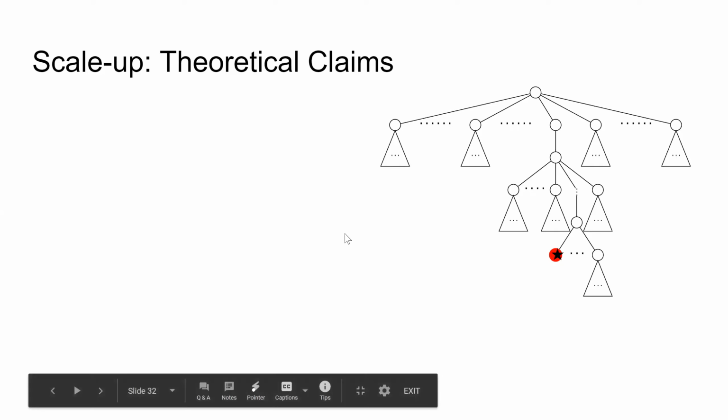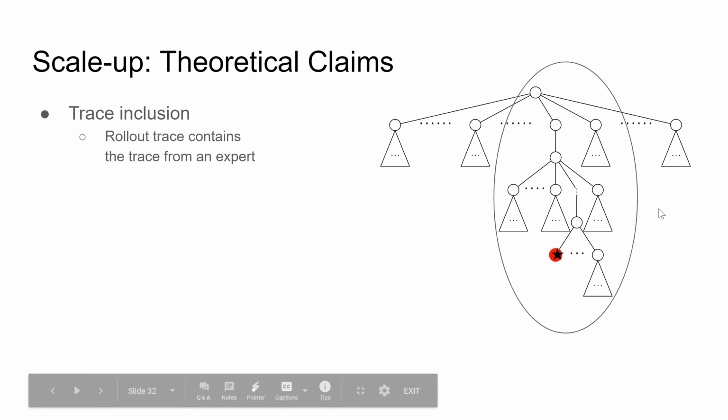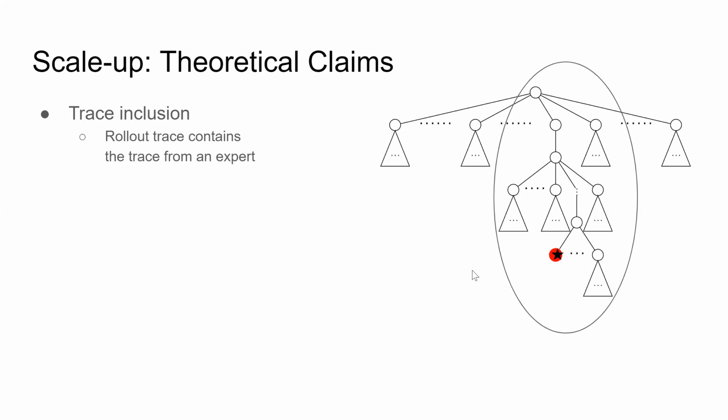So here we introduce an assumption called trace inclusion. On a high level, we assume the rollout trace generated by a policy contains the trace from the expert. So imagine the tree on the right is generated by our policy. And within it, the one I circled inside is the tree generated by the expert.